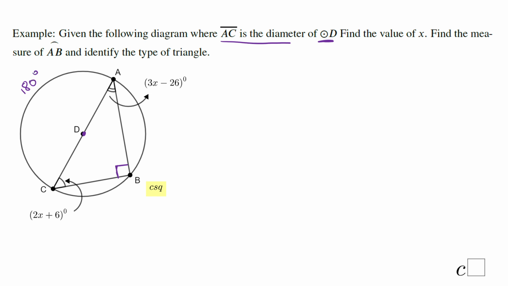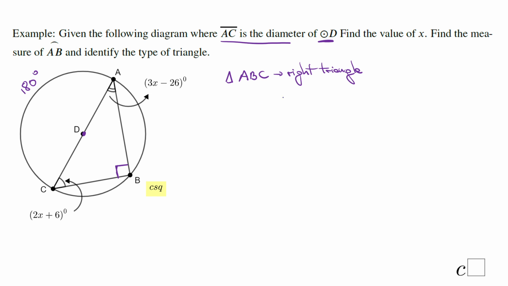And we need to find the value of x. So now, since we know this is a right triangle, let me write here, triangle ABC is a right triangle. And of course, it will be very important to know the justification. And like I said, this triangle is inscribed in a semicircle.